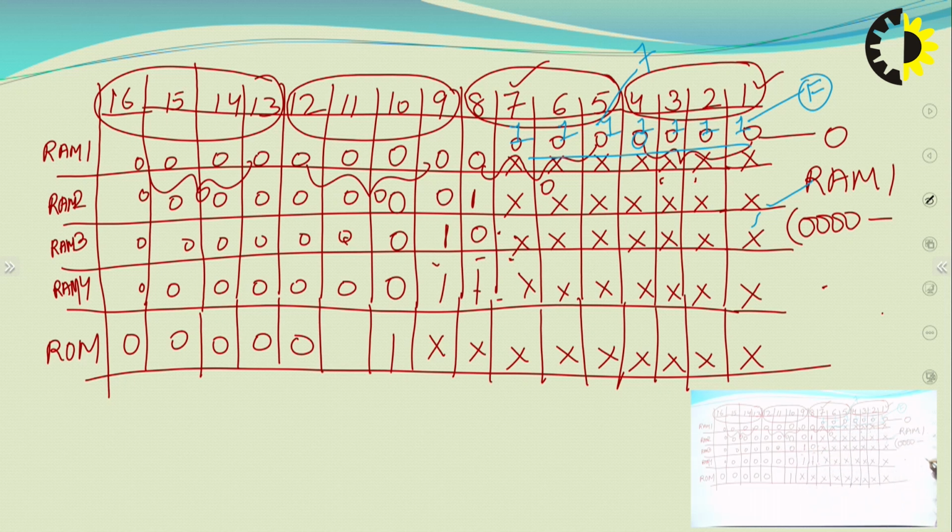So what will be the highest range then? It will be 007F. So this is the address range which is used for RAM number 1.